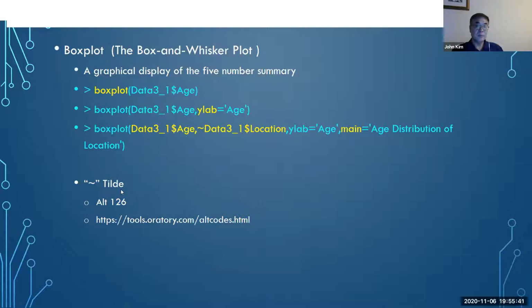So the first variable is y, and then the second variable is the x variable. The y variable is age, and the x-axis is location. And the main title is age distribution by location.